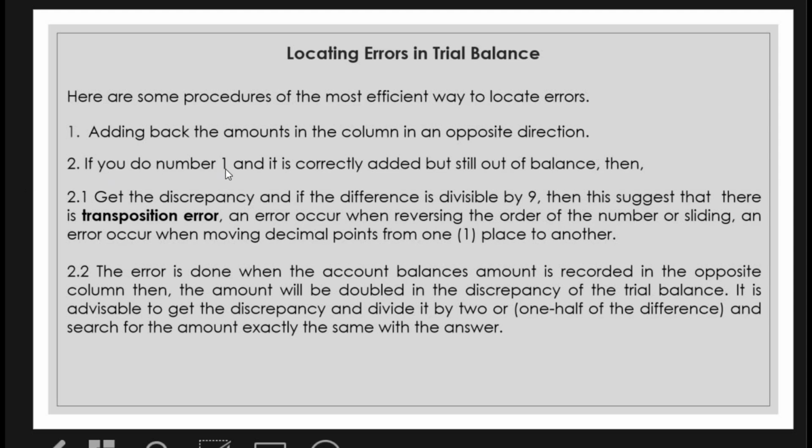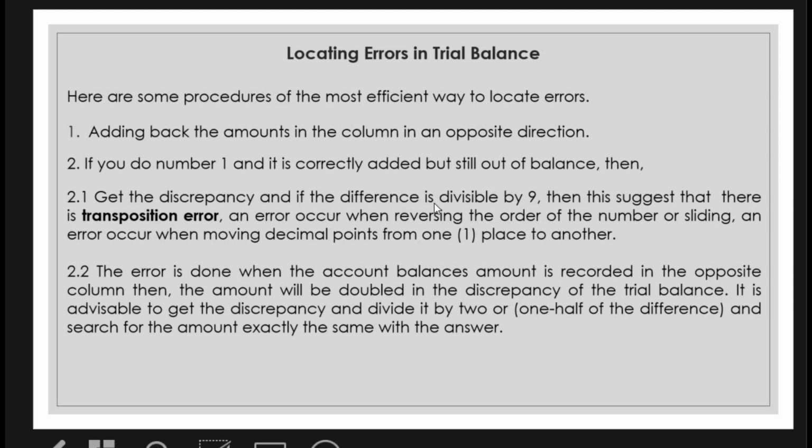Second, if you do number 1 and it is correctly added but still out of balance, so mali pa rin, tama naman yung computations mo, pero hindi pa rin balanse. Then, ito yung kanyang suggestion, 2.1. You get the discrepancy. So, ibig sabihin, you offset, you deduct the debit and the credit balances, you get the difference.